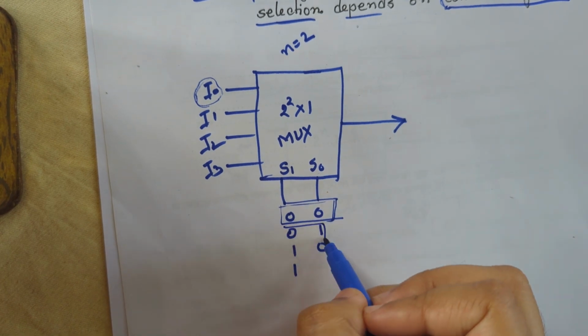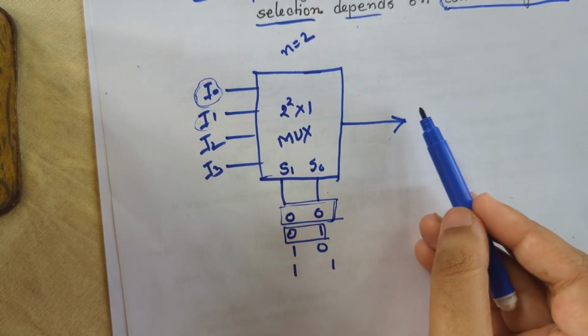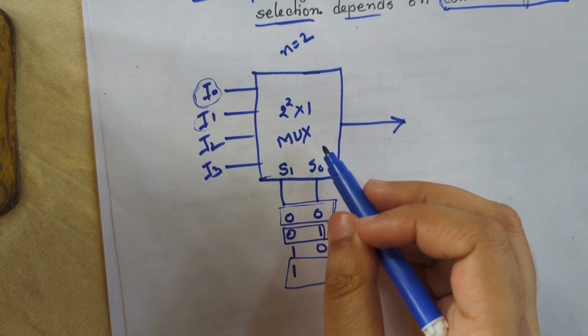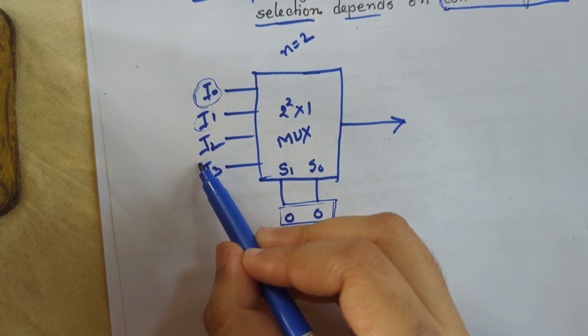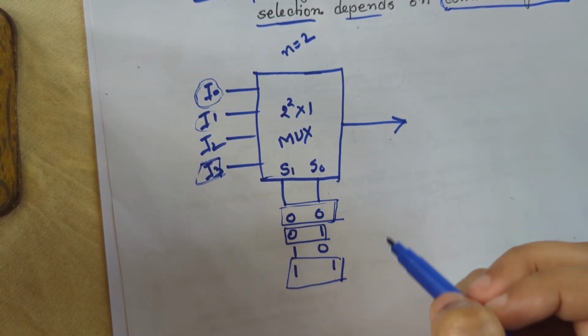Then if we select 0 1 as selector, then I1 will be selected and this will be shown in our output. Similarly, if we select 1 1 as our selector input, then I3 will be selected and this will be shown in our output. This is how our multiplexer works.